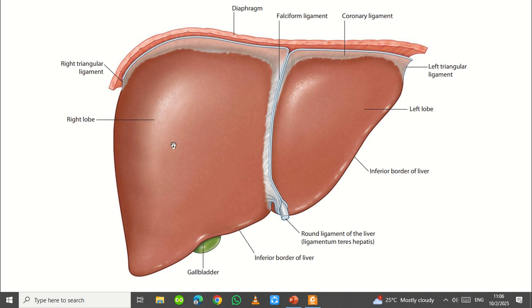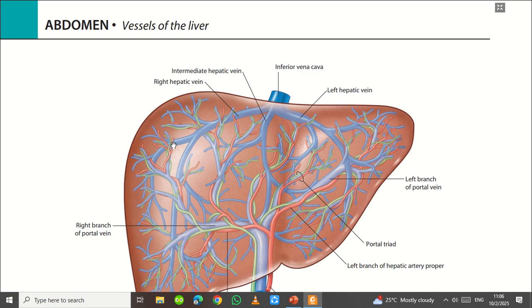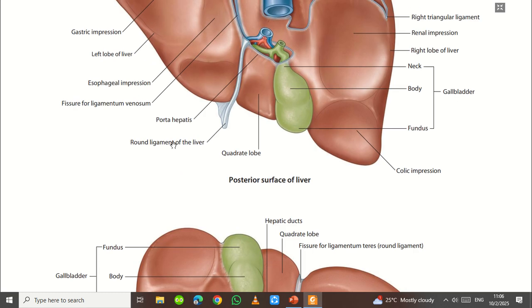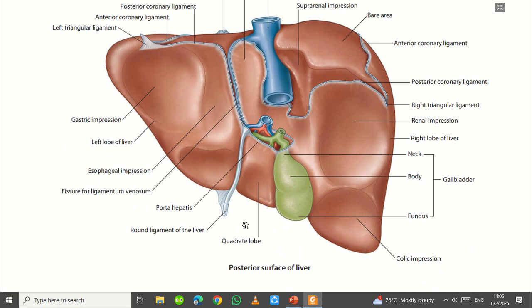What is posterior to your liver? Posterior to your liver, you're going to have these. Everything that makes an impression on the liver is posterior to the liver. The stomach, the abdominal part of the esophagus, the duodenum, the right kidney and its suprarenal gland, and the hepatic colic flexure, or the right colic flexure.